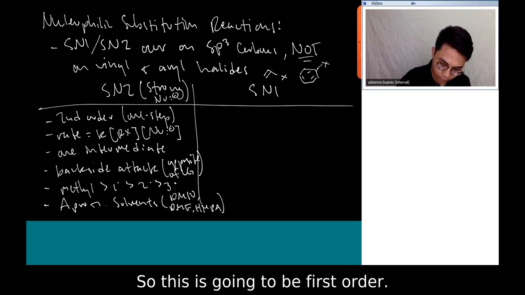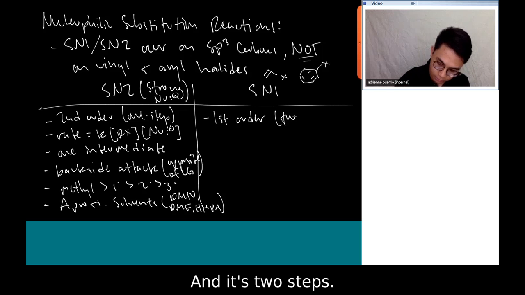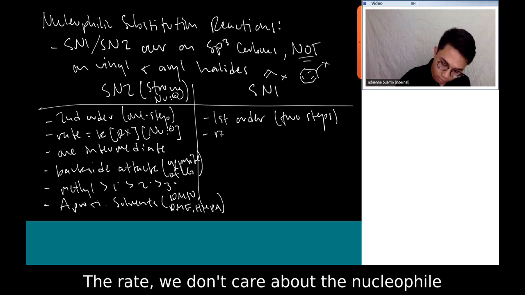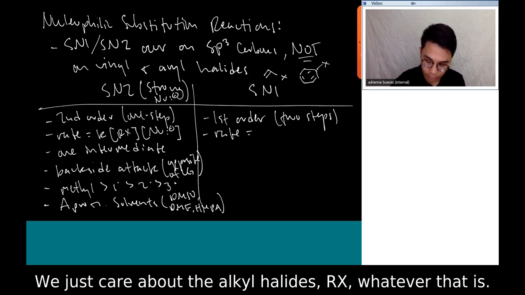So this is going to be first order, and it's two steps. For the rate, we don't care about the nucleophile because it's two steps. We just care about the alkyl halide, RX, whatever that is.